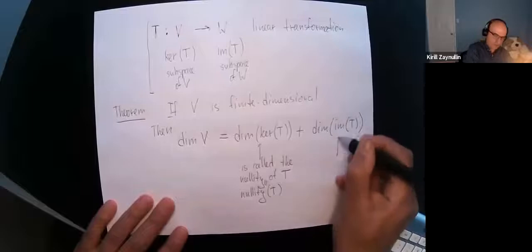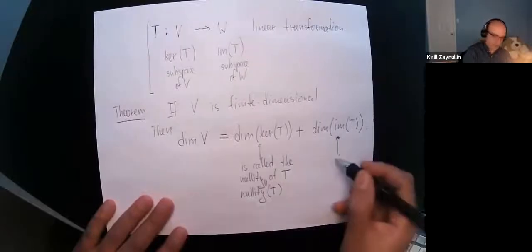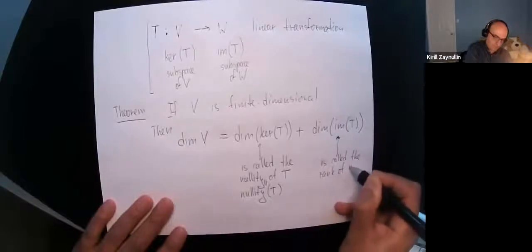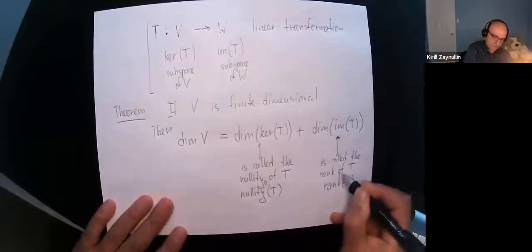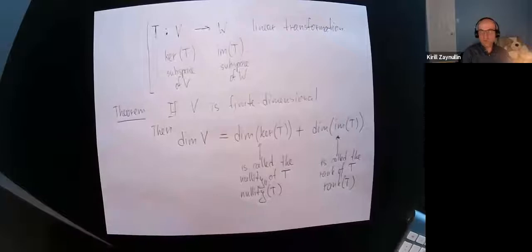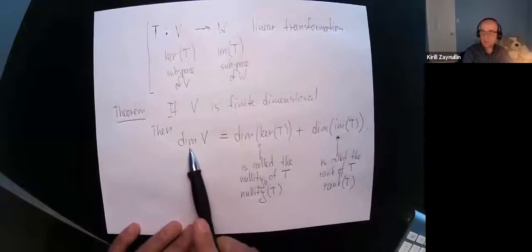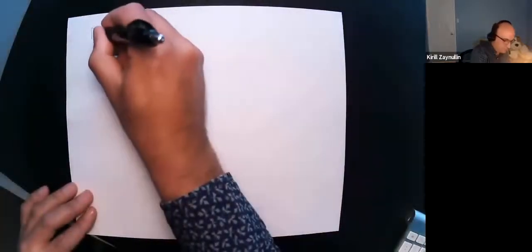And the dimension of the image is called the rank of T, and it's denoted by rank of T. Basically, what this formula tells us is that the nullity of T plus the rank of T equals the dimension of the domain. Let me give a proof.